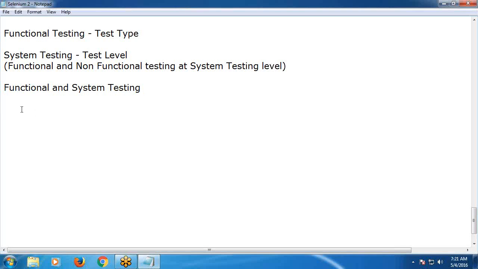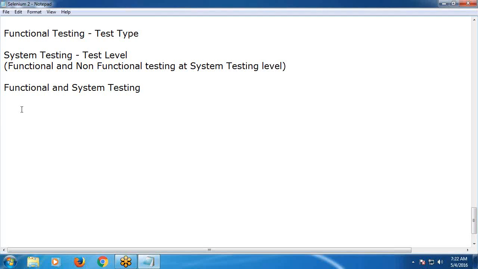Observe, Supriya. Any confusion, Supriya? Yes, sir. Here functional and system testing means functional testing at system testing level.